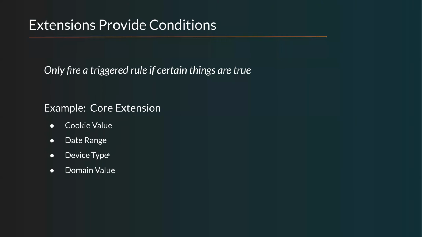Or if you're within a certain date range, or if you're on a certain type of device, or maybe the web page that you're on has a specific domain value, www.mysite.com. These are ways that you can add conditions to the triggered rule.